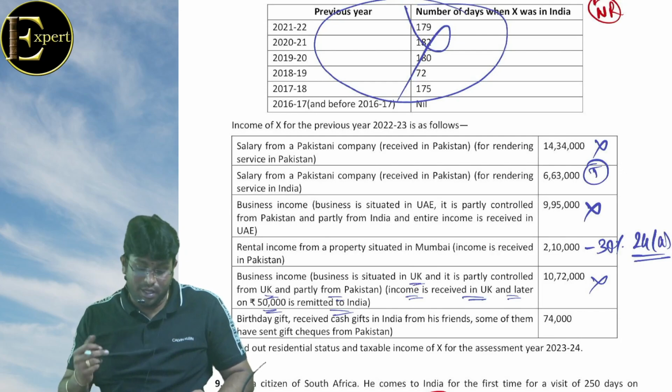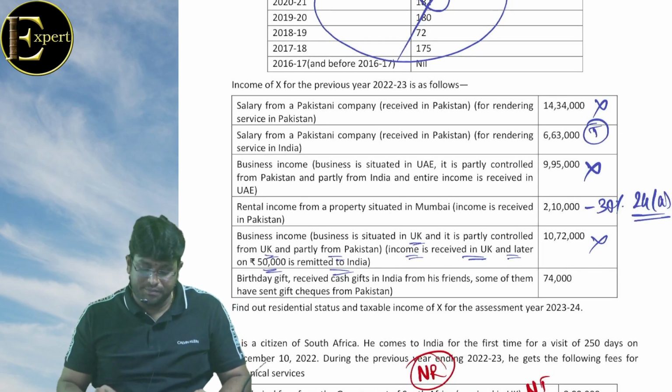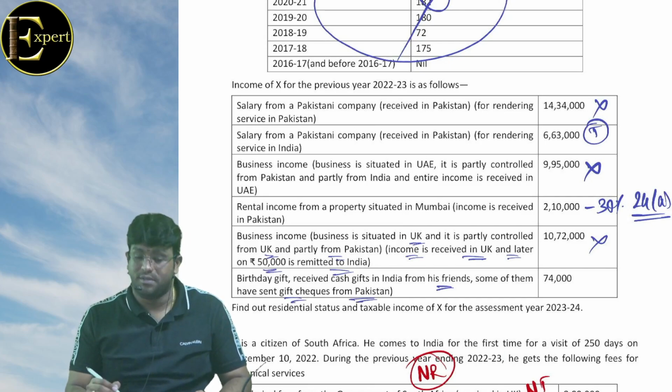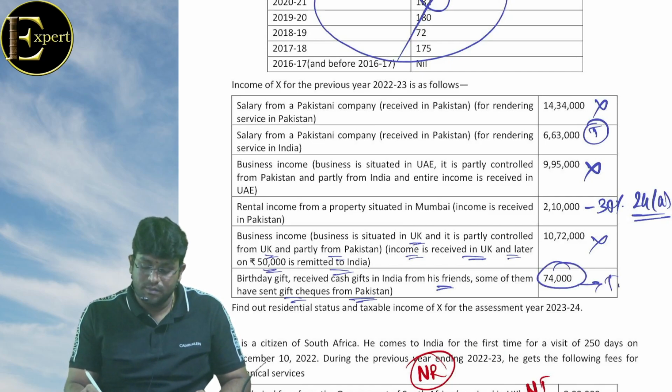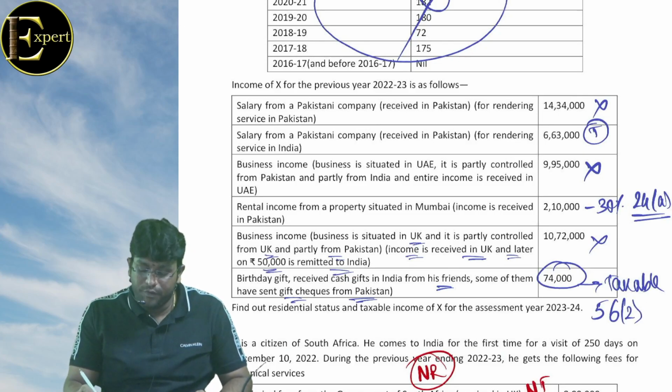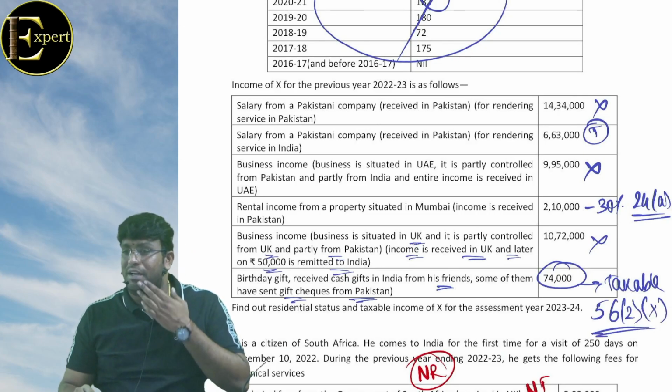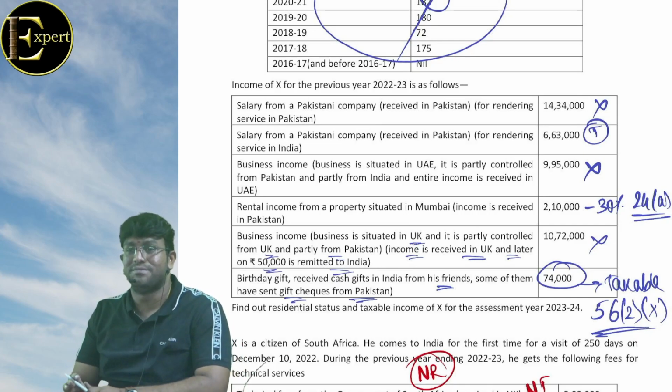Friends, next point. Birthday gift. Received cash gifts in India from his friends. Some of them sent gift cheques from Pakistan. The birthday happened in India. What is the value? Definitely it is taxable under the section 56(2)(x), taxability of gifts. It is taxable if it is more than 50,000.